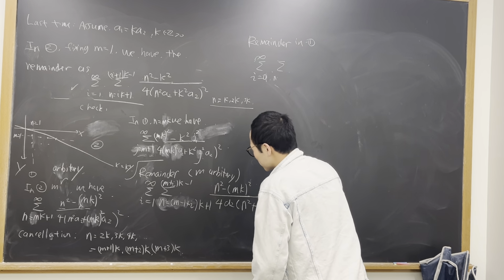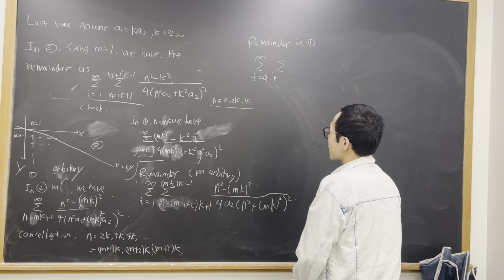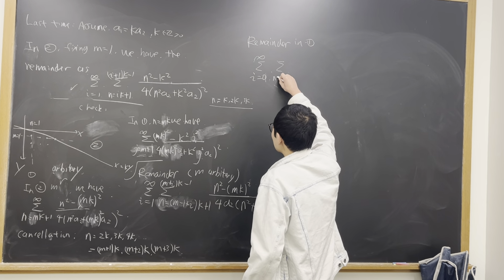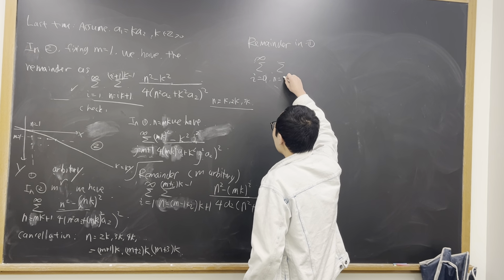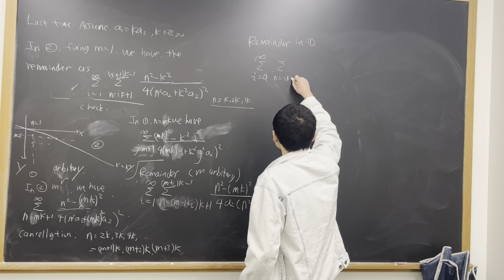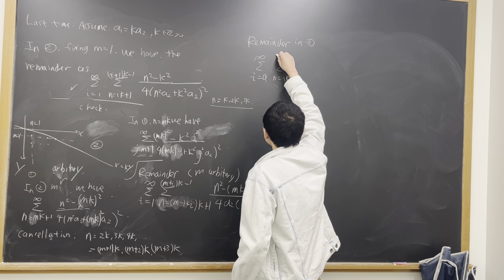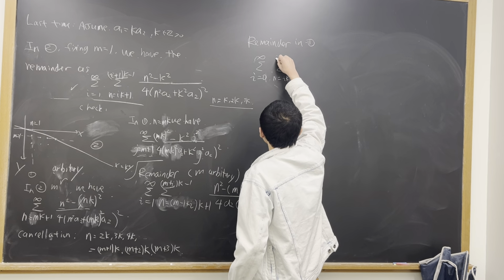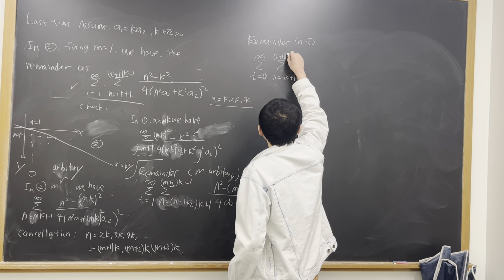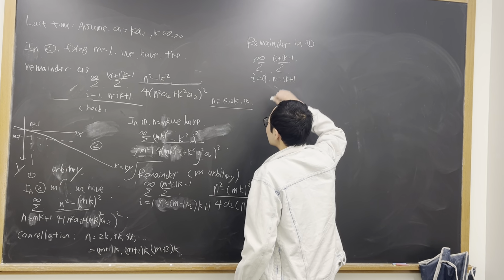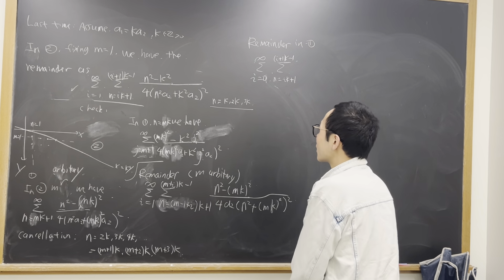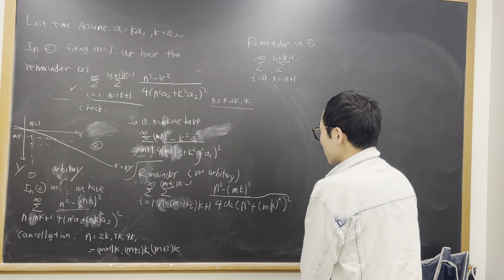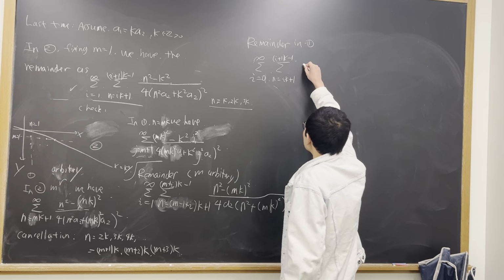Should I start with 1 or start with 0? Let's start with 0 here. This n is equal to ik plus 1 to I plus 1 k minus 1.